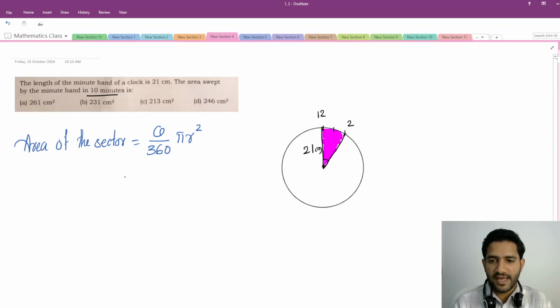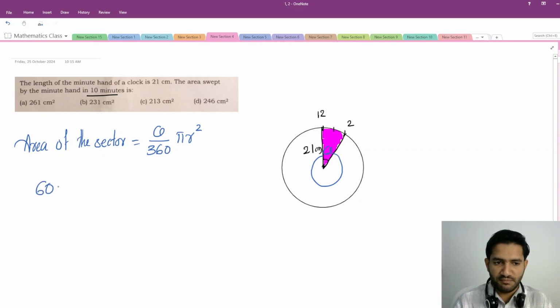We need to find the angle theta. We know that the complete rotation of a circle gives you 360 degrees. The complete rotation means 60 minutes.